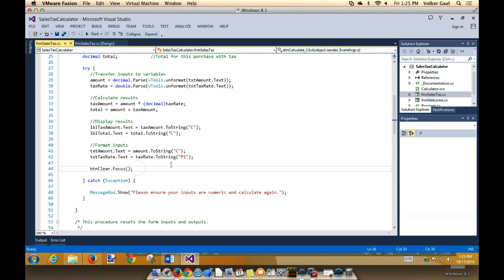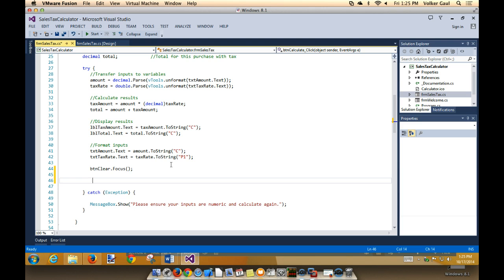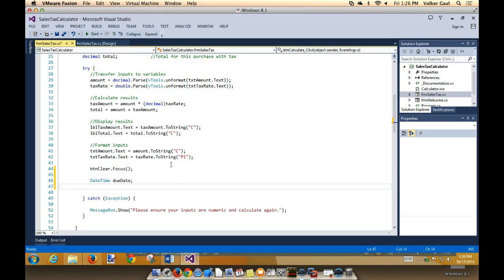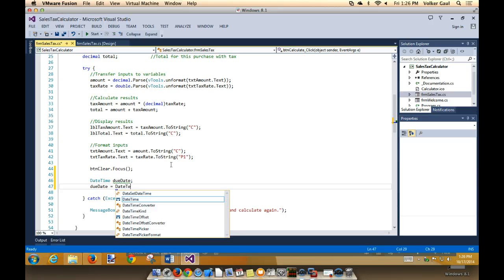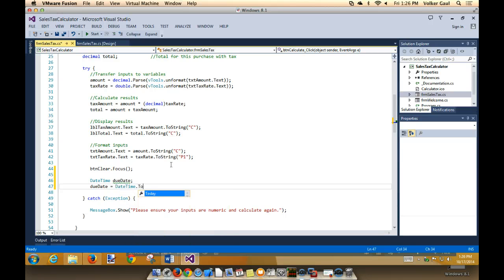So in here, just for grins, I'm going to declare due date. I have to here. If I'm going to test it, I have to declare due date. Its type is DateTime, due date. Okay, that's cool. And now I wanted to say that due date is equal to a DateTime dot Today dot AddDays 30.